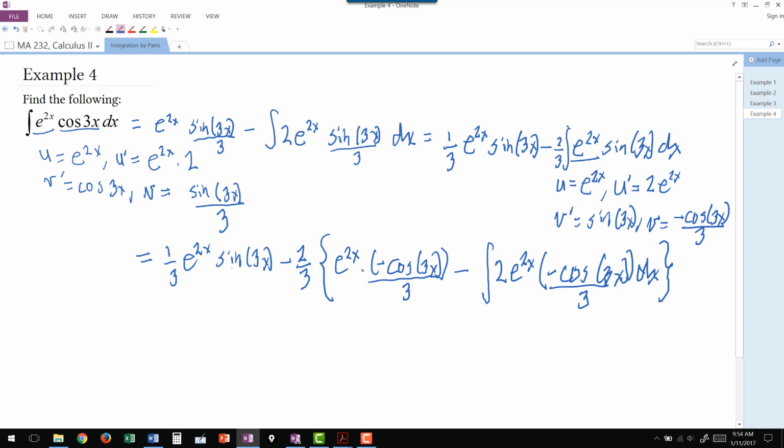All right, so now I have some cleaning up to do to get this to be a little bit easier to deal with. So I want to write 1/3 e to the 2x sine 3x. I'm going to distribute my minus 2/3, so that's going to give me positive 2/9 e to the 2x cosine 3x.